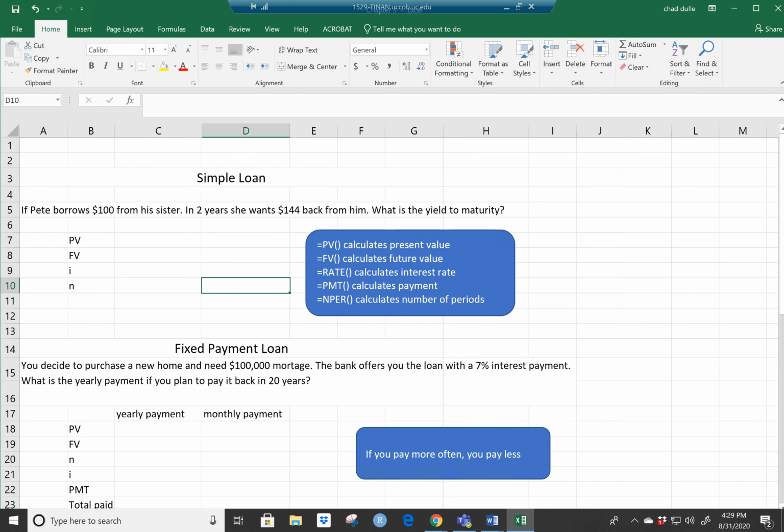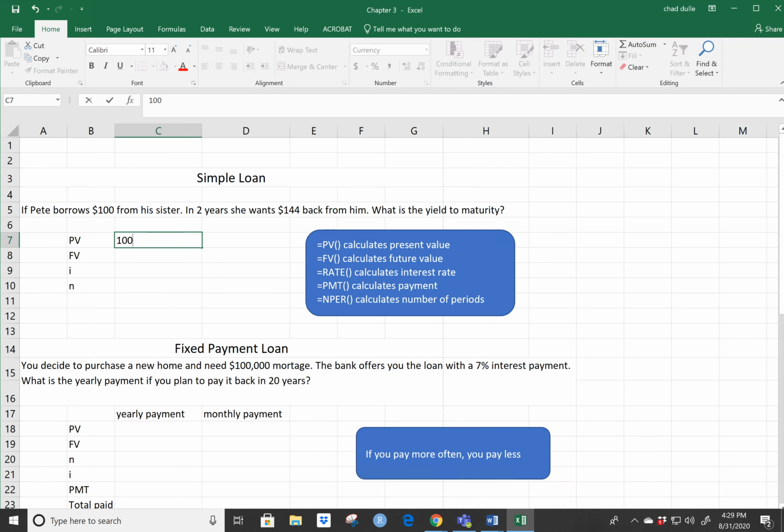Now I'll do the same thing in Excel. And by the way, I included these formulas here on the right. I think they might be slightly different, like abbreviations, if you have a financial calculator, but it's the same thing. So present value, we have 100. Future value, 144.